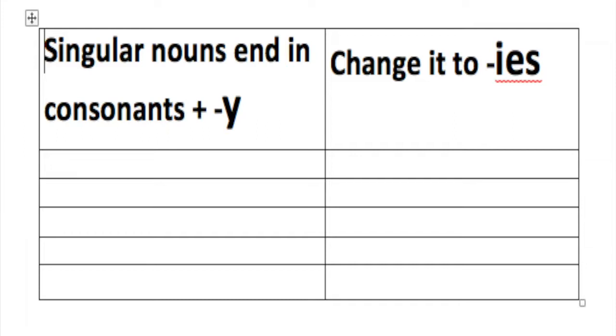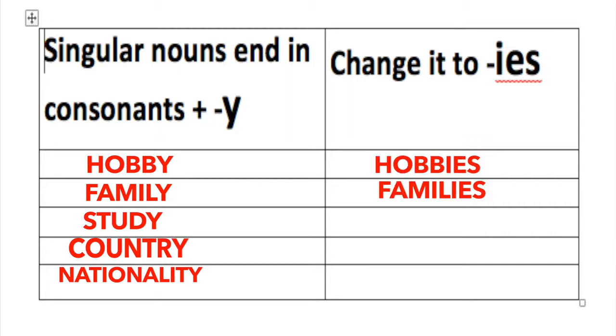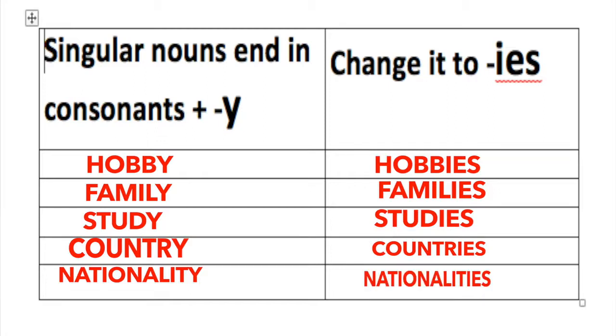Look at some singular nouns ending in consonant plus y, such as hobby, family, study, country, and nationality, etc., as in the first column. To make them plurals, remove the y or change the y to ies, and so they become hobbies, families, studies, countries, and nationalities, in the example in the second column, based on the previous explanations.